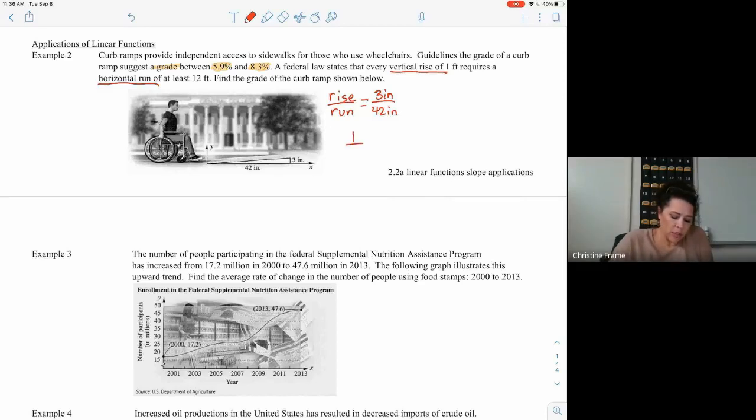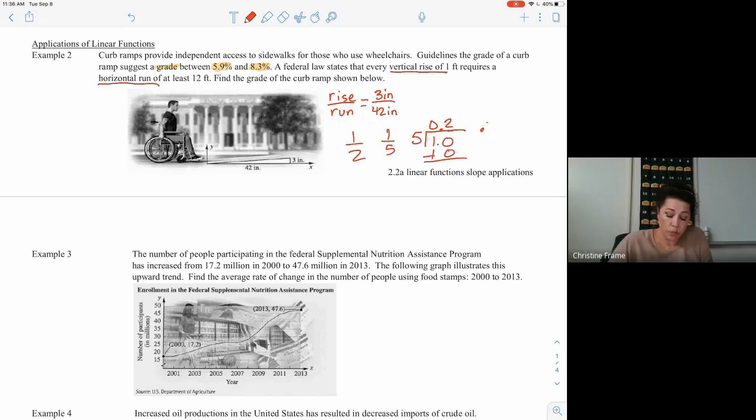Okay. What if I asked you to change 1/2 to 1%? What would you do? Or 1/5? Guys, it's division. So 5 goes into 1 how many times? 0 times, right? Then 2 times.